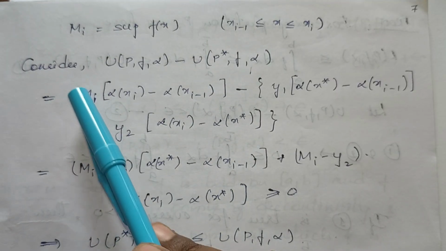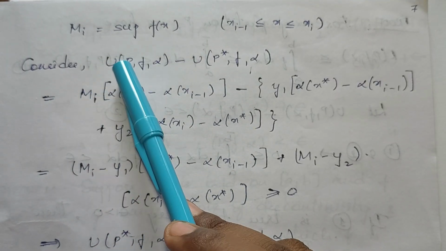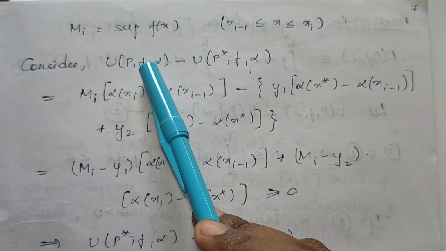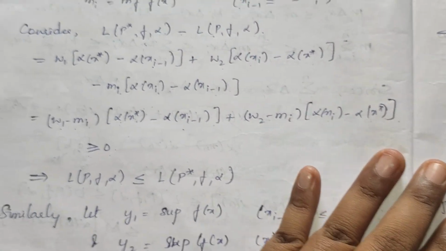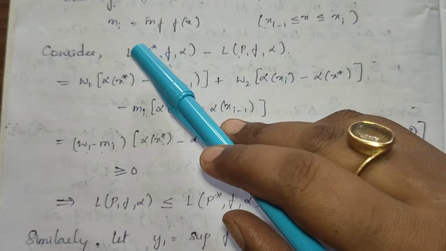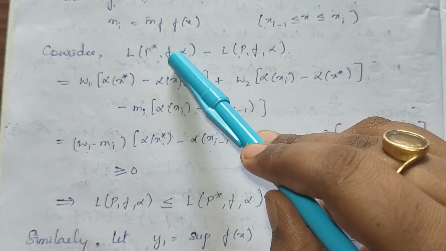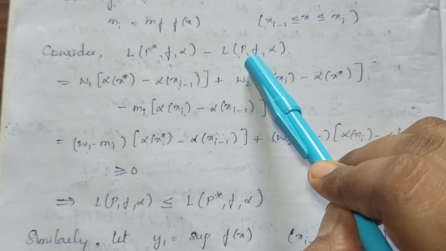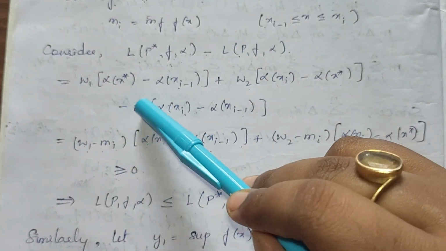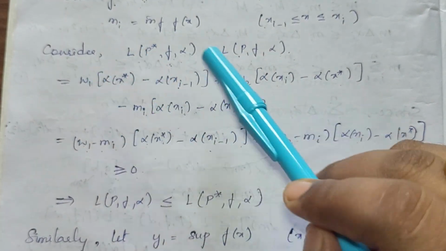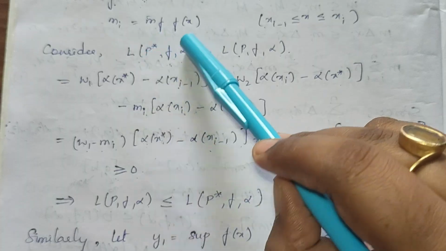Here u of p comma f comma alpha is the first term, but there L of p star comma f comma alpha was the first term and L of p comma f comma alpha was the second term. So this mi came at last, and this w1 w2 came at first because of this.